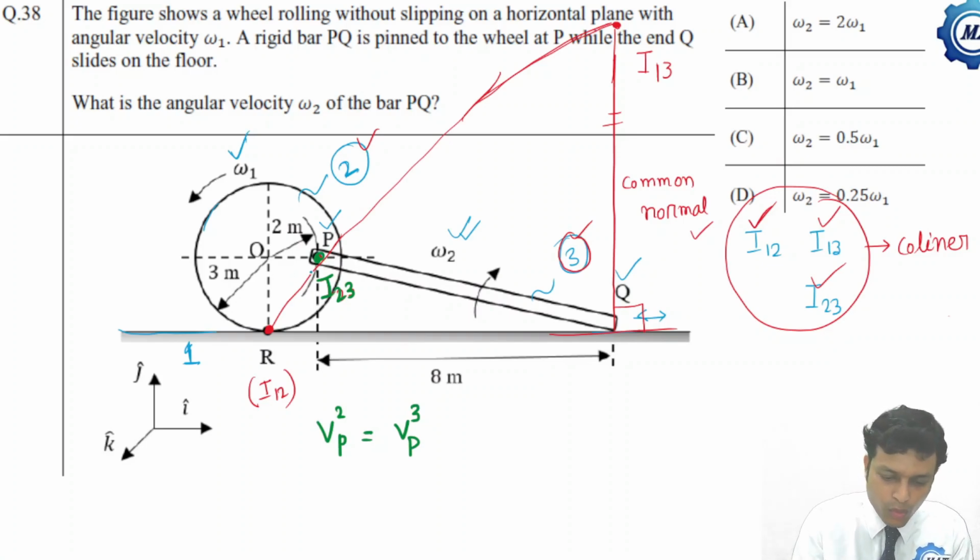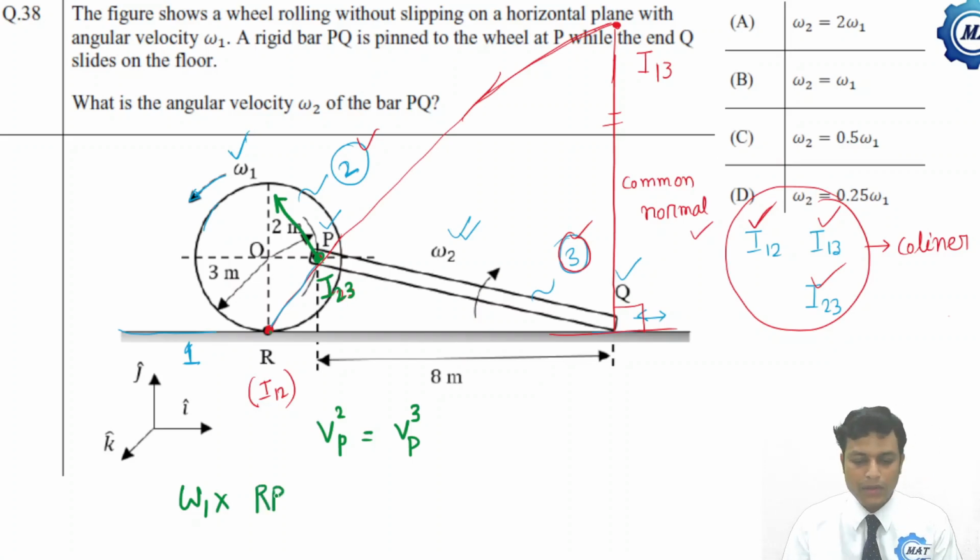Body 2 rotates with angular velocity omega 1. So the velocity will be along this direction, and that should be omega 1 into RP, because this is the instantaneous center.